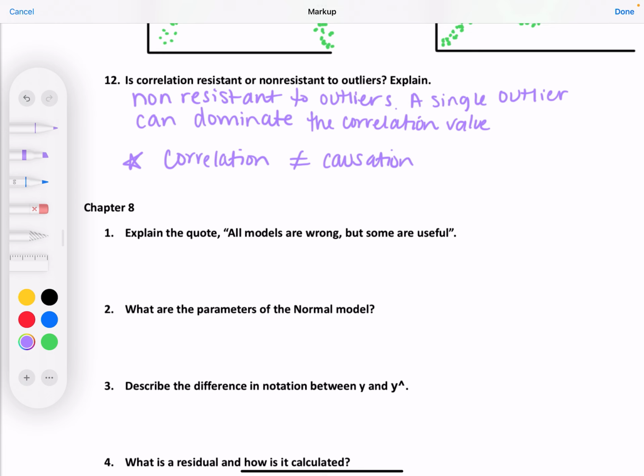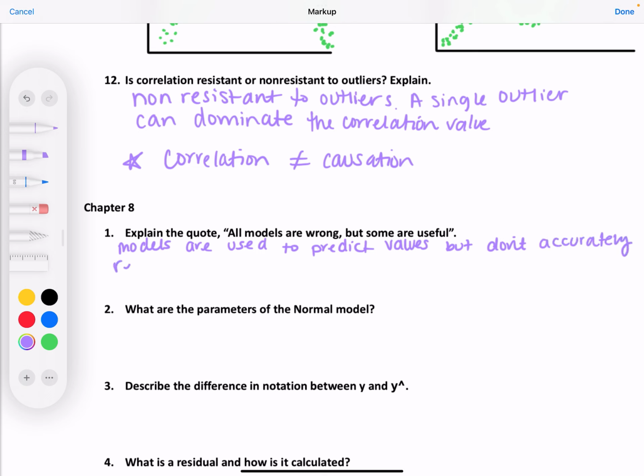Yes, models are used to predict values, but don't accurately represent the truth.